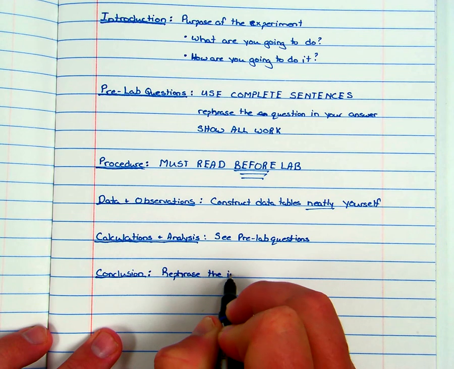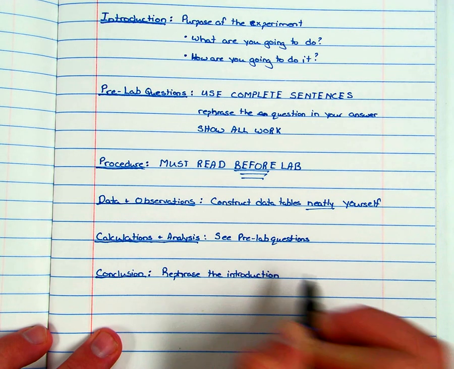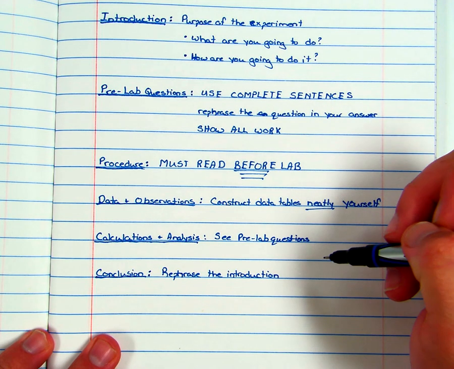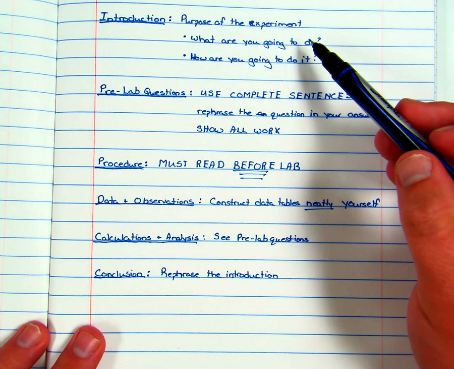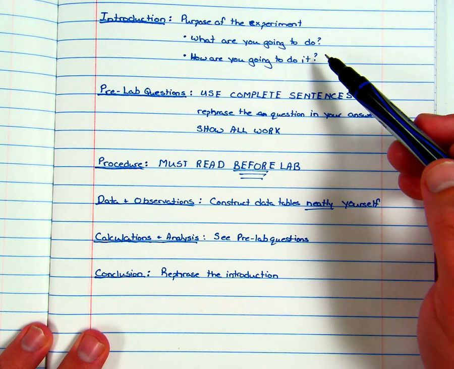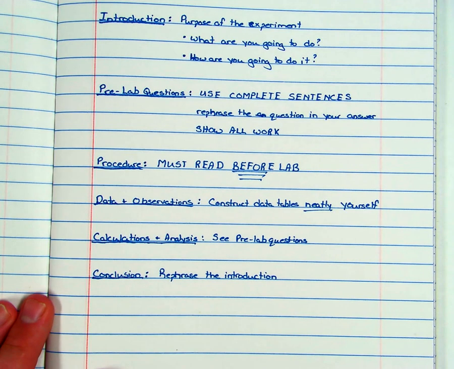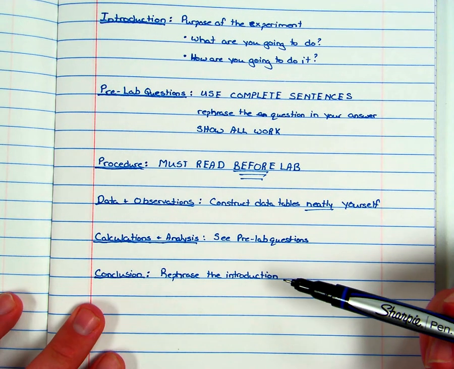So if you've written a good introduction, you can simply go back and rephrase that as your conclusion. So your introduction is, what are you going to do? Your introduction might say, in this lab we are going to do blank, whatever that is. Your conclusion might start with, in this lab we did this, blank. So you're just rephrasing what you wrote.